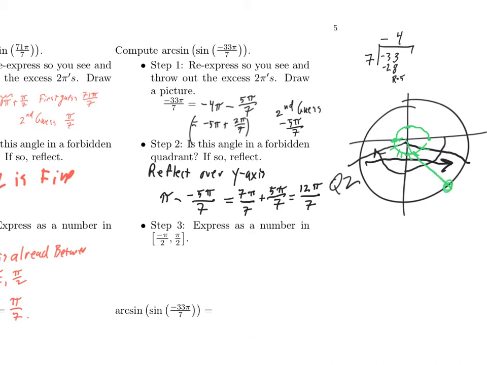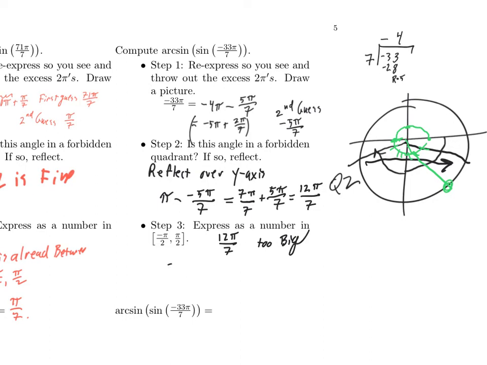Okay, so it's at least in the right quadrant now. That's good. But tell me, is 12 pi over 7 between negative pi over 2 and pi over 2? It's not. 12 pi over 7 is too big.